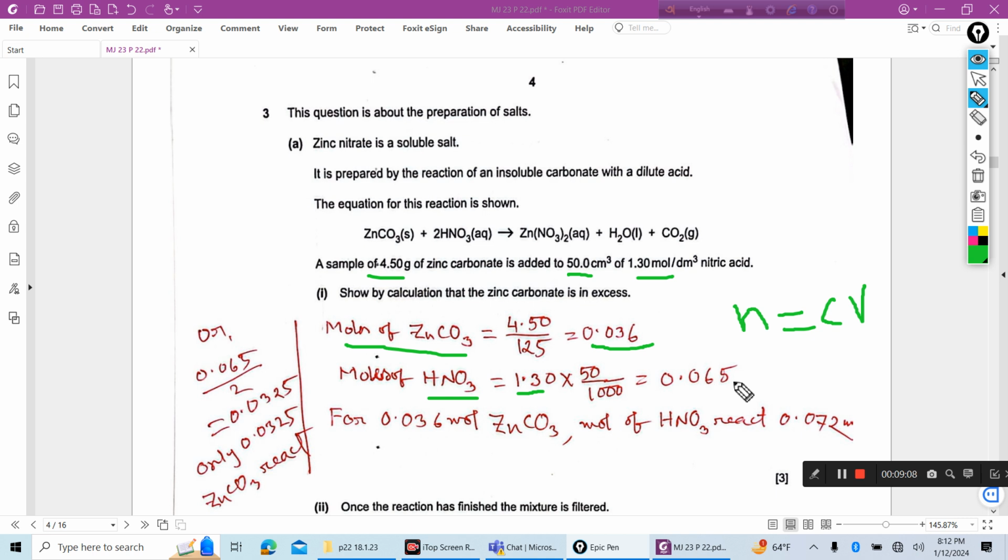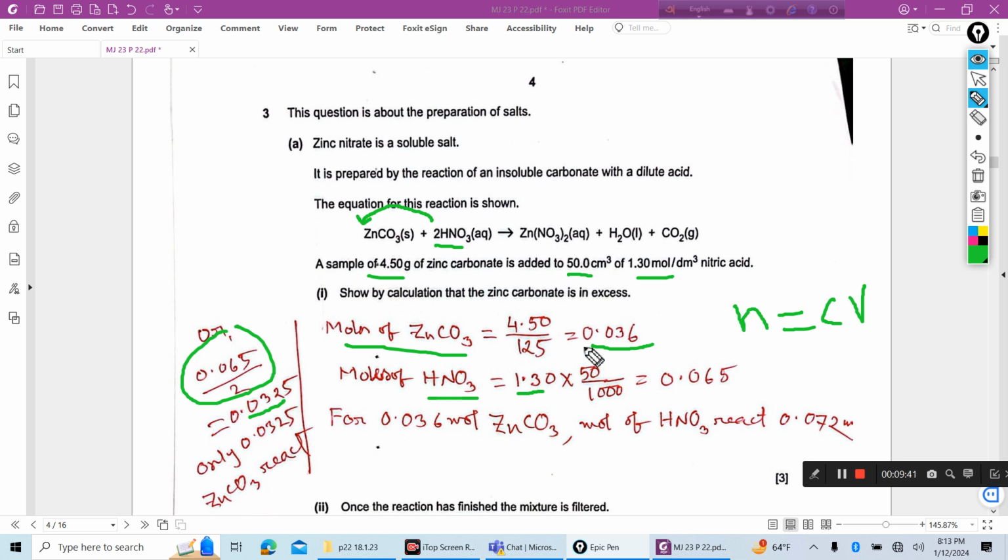0.065 moles. Now you see, nitric acid 2 moles reacts with 1 mole zinc carbonate. So moles of zinc carbonate that react is half of nitric acid, 0.065 divided by 2. That means zinc carbonate reacting is 0.0325.